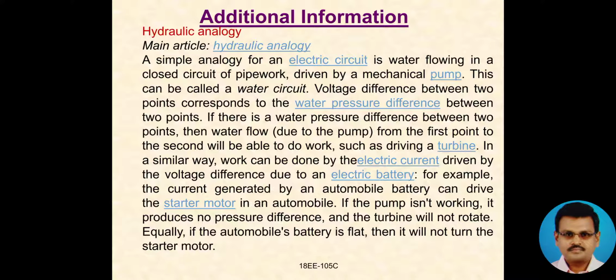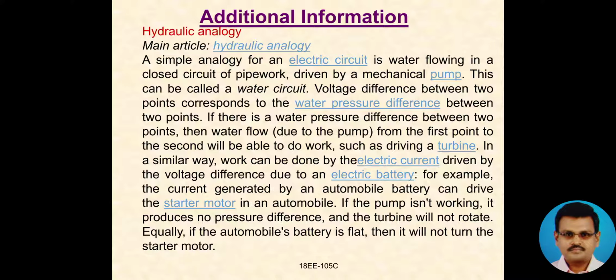Voltage difference between 2 points corresponds to the water pressure difference between 2 points. If there is a water pressure difference between 2 points, then water flowing from the first point to the second will be able to do work, such as driving a turbine.